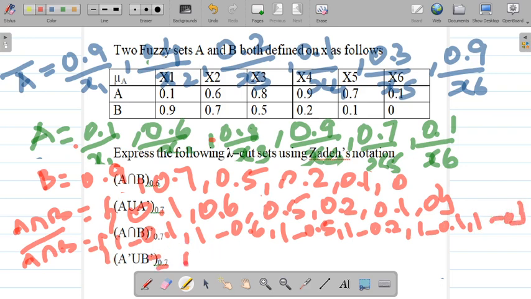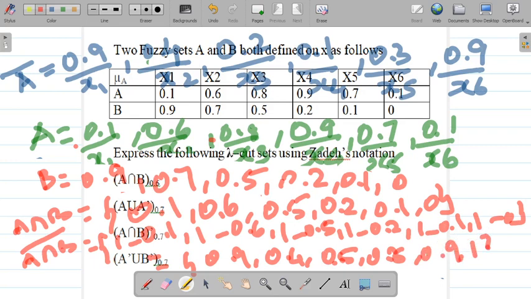So what is the value? 0.9, 0.4, 0.5, 0.8, 0.9, then 1. So the value for A intersection B the whole bar is 0.9, 0.4, 0.5, 0.8, 0.9 and 1.